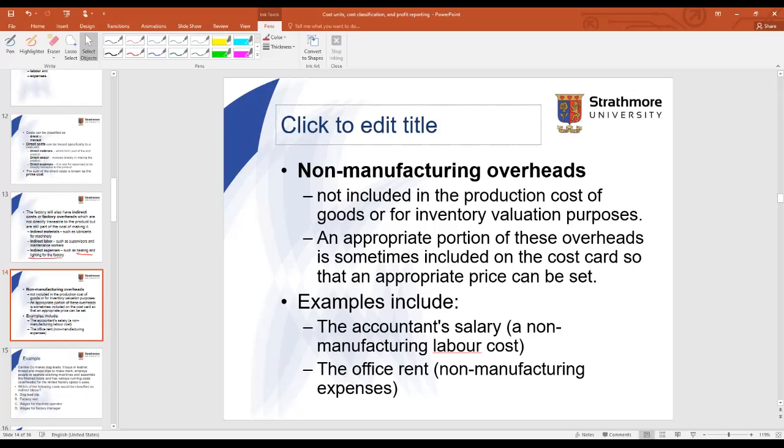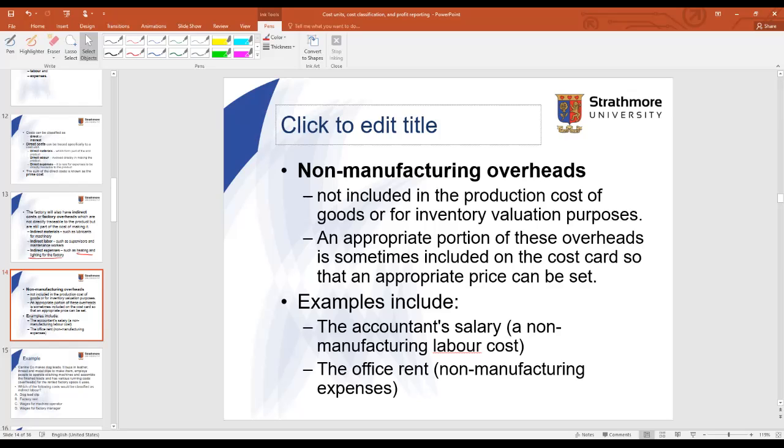In short, some allocation is done when getting the product cost. But most of the time we don't use the absorption costing method, which I will discuss later on. Most of the time we use the marginal costing method, where we don't include the non-manufacturing overhead as part and parcel of the product cost.